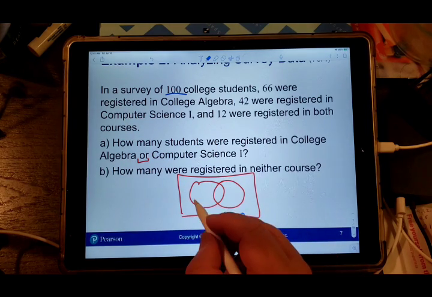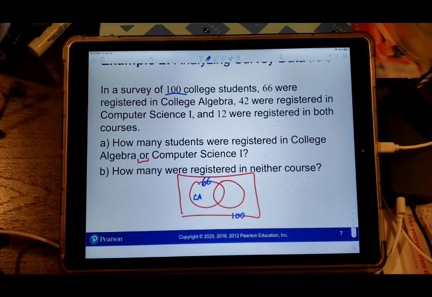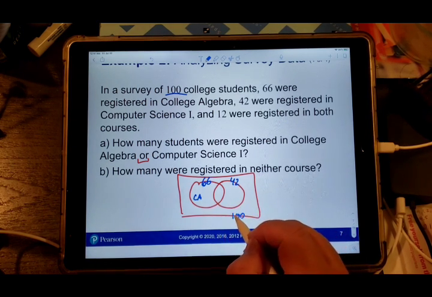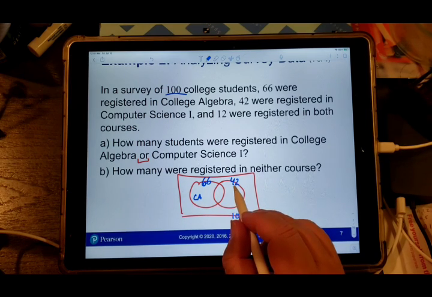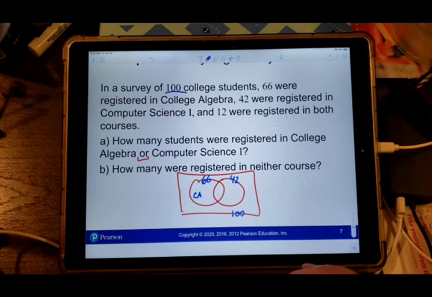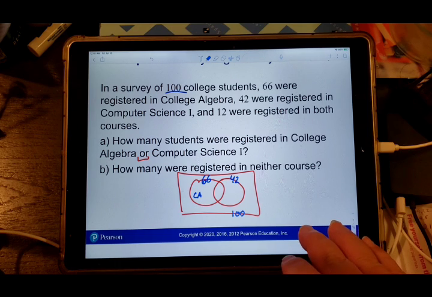66 were registered in college algebra. So if this is college algebra, I personally would put a 66 there. And 42 were registered in computer science. So I put a 42 there. Now, putting numbers on the border is not standard technique. That's more of a thing that I did as a tutor and do even now on problems like this.